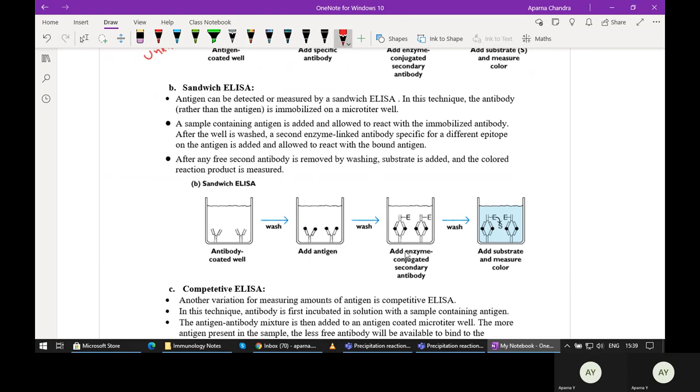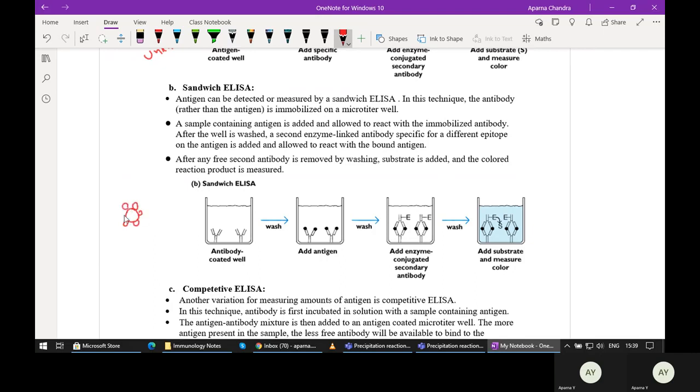Okay. Now, in the next step, you are adding a secondary antibody that is conjugated with an enzyme. But one important point when you are doing sandwich ELISA is that the antigen should be multiple epitopic, having multiple epitopes of the same type.